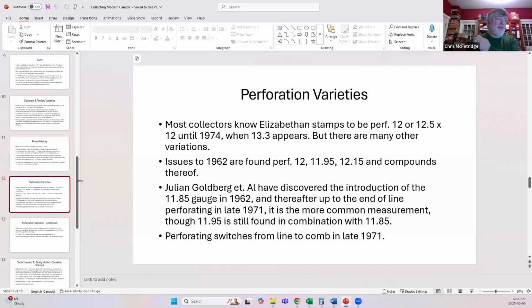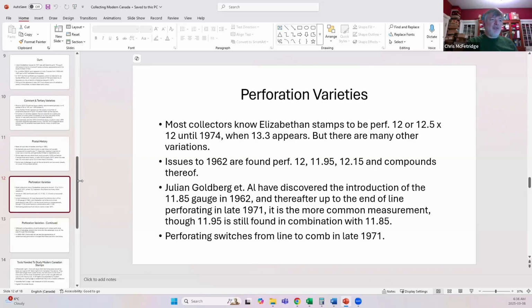But there have been some specialists that have found, even within these basic perfs, there are variations caused by different machines. Like with 12, in 1962 we find that there's 12, 11.95, 12.15, 11.85 measurements, and those represent, we think, different perforating machines that were used.